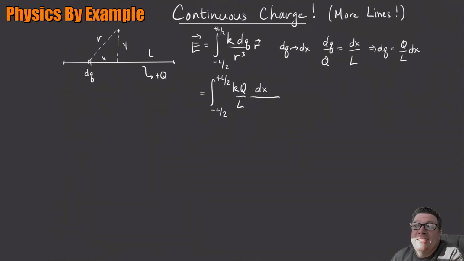The distance up to that point changes. So I can't take it out of the integral, but I can write it in terms of x and y, which is what I want, because x is our integration variable. r is just the square root of x squared plus y squared. So r cubed is just x squared plus y squared to the 3/2. Very cool. Oh, and the r vector.